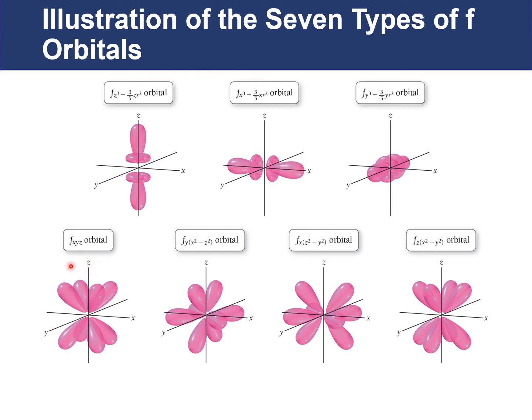One, if we're looking at the f sub xyz, you'll have a node along the yz plane, you'll have one along the yx plane, and the last one is the xz plane, which will bisect the lobes. Those are regions where there is a zero probability of finding an electron.